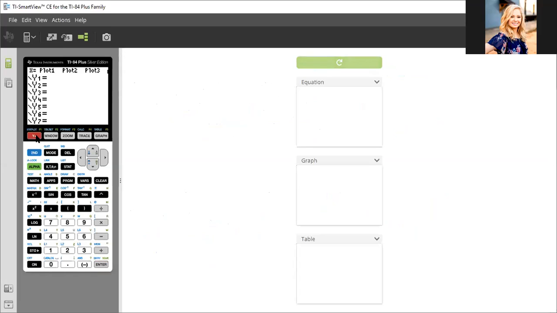So I'm going to go to my y equals: 4x to the 6th minus 2x squared. Everybody agree that's even, right?